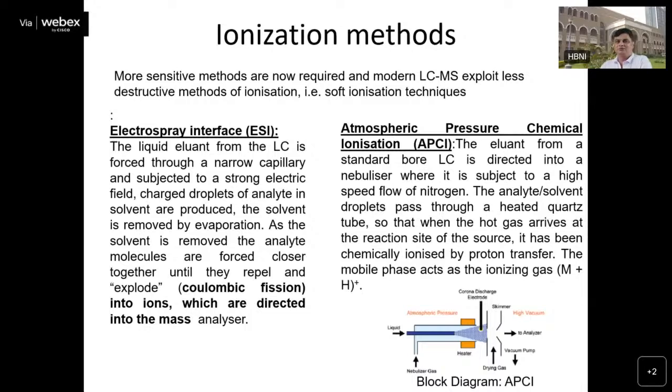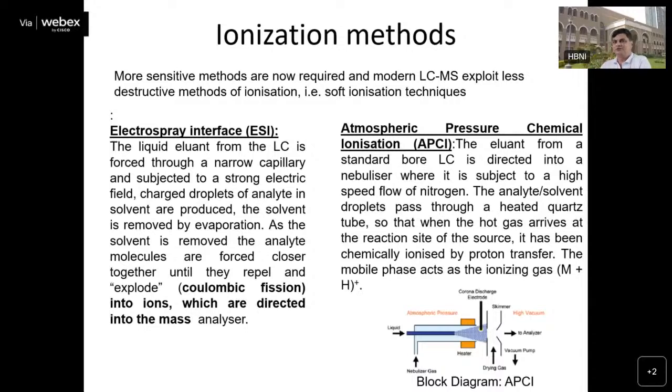As the solvent is removed, the analyte molecules are forced closer together until they repel and explode, because of Coulombic fission, into ions, and then these ions are fed into the mass analyzers.